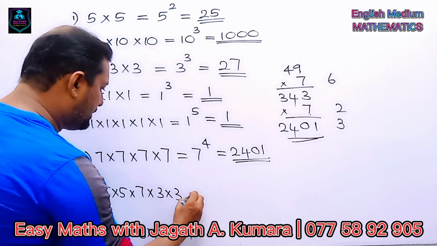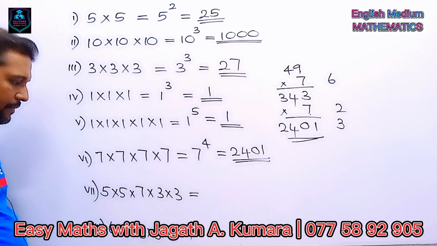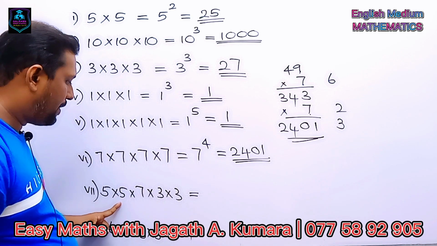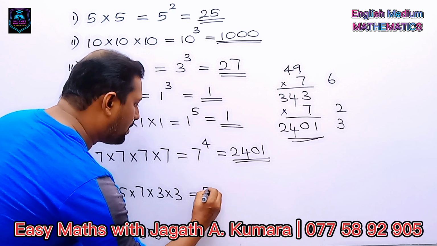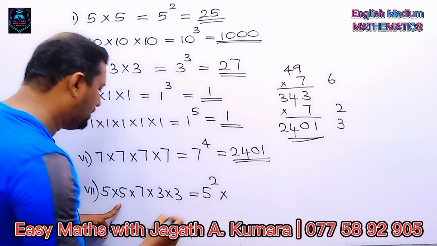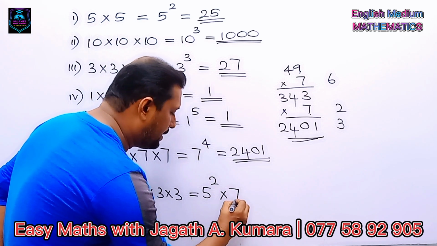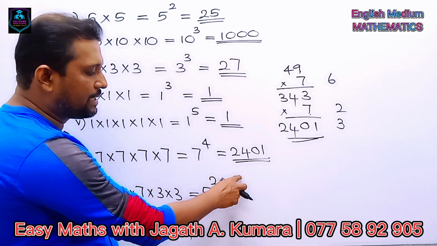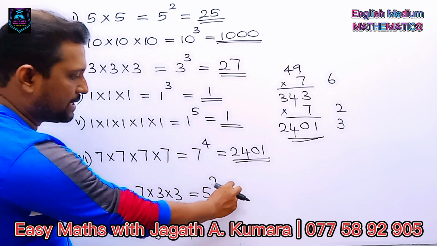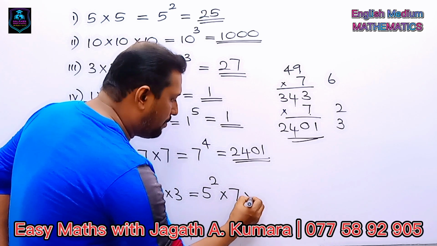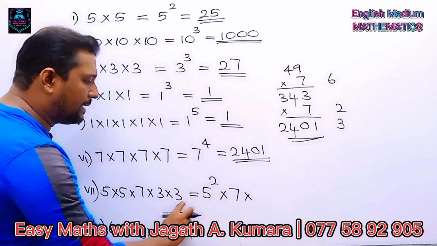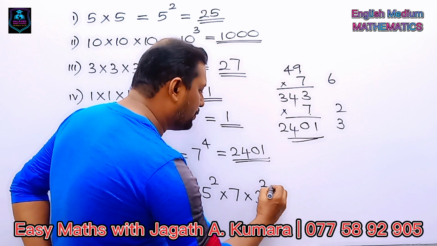Right? Then number 7, look at 5 multiply 5. We can write the index form 5 to the power 2. 7, only one 7. So you can write 7. If you want, you can write 7 to the power 1. Also 7 is enough. Multiply 3 multiply 3. 3 to the power 2.